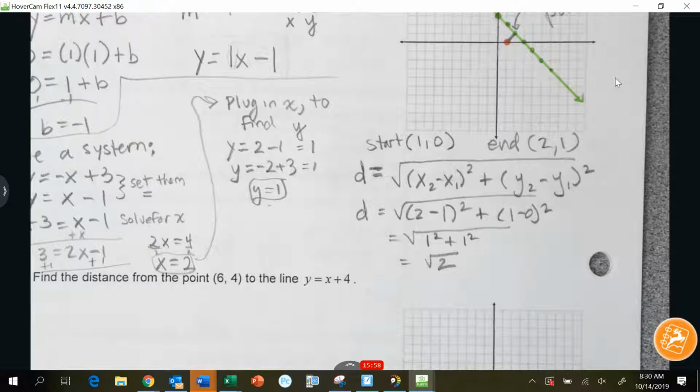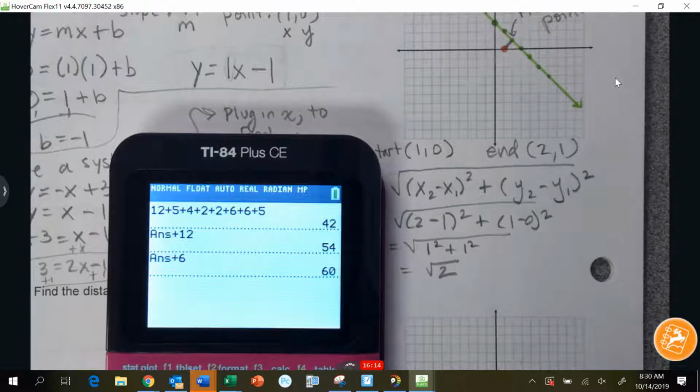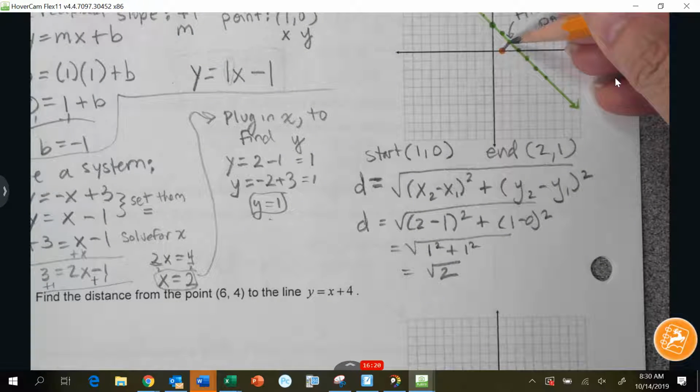How can I find out what square root of 2 is? Does that look like it could be a little bit over 1 unit long?